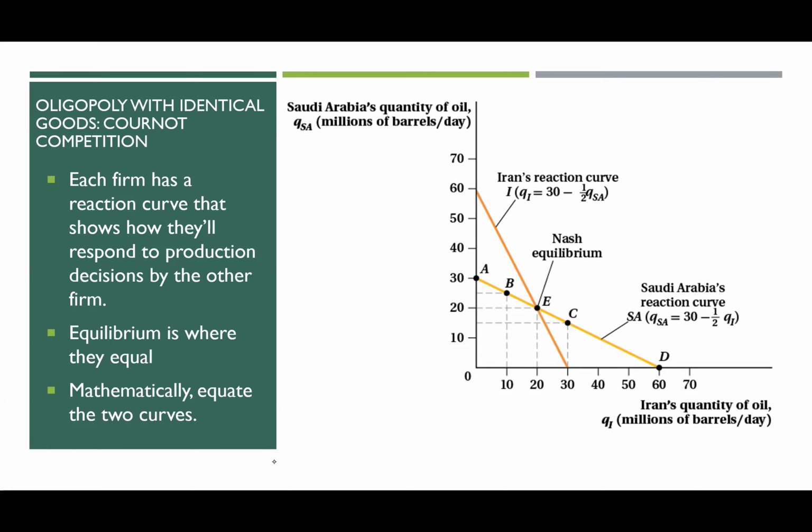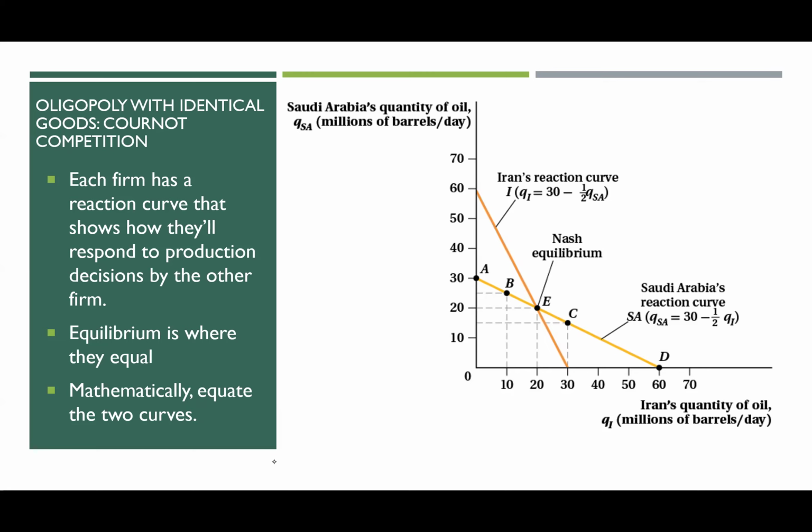And Saudi Arabia's reaction curve is shown in yellow, and it's given by the equation, the quantity that Saudi Arabia produces equal to 30 minus 1/2 times the amount Iran produces. Where those two curves intersect, where they are equal, is going to define for this market, define for each of these producers, how much they make.